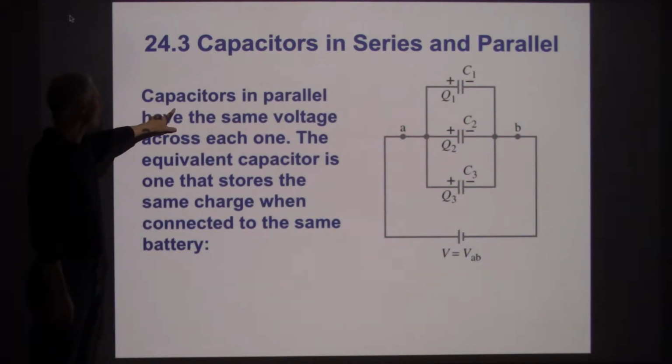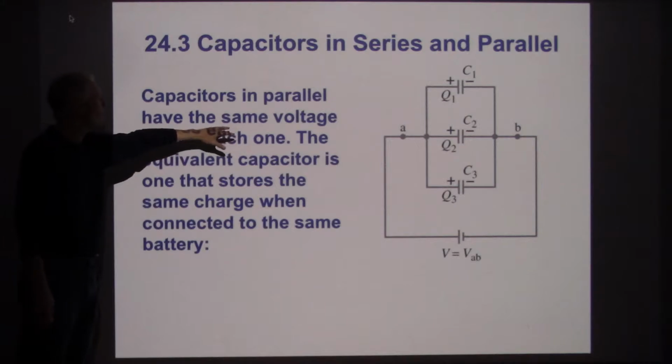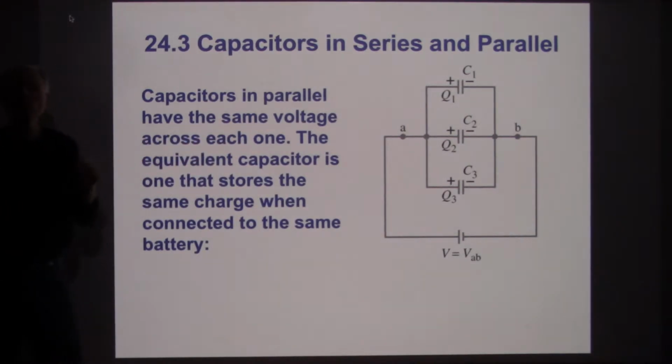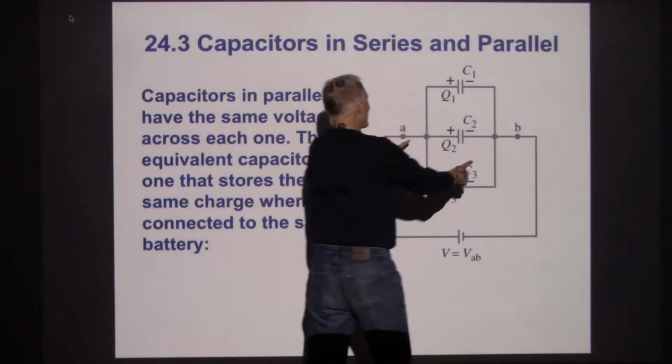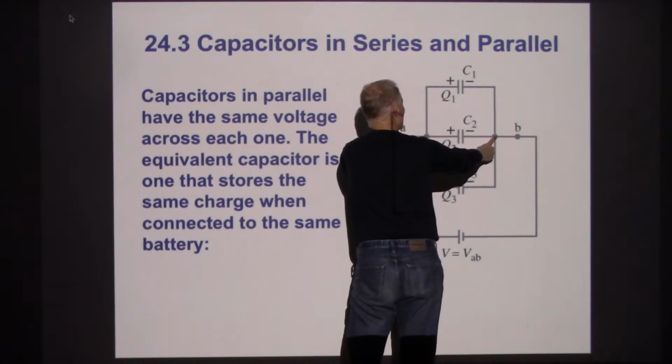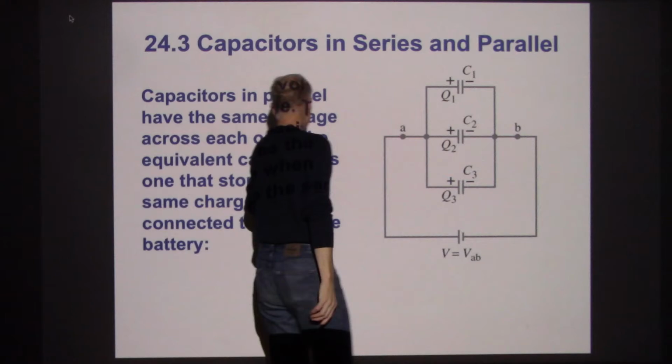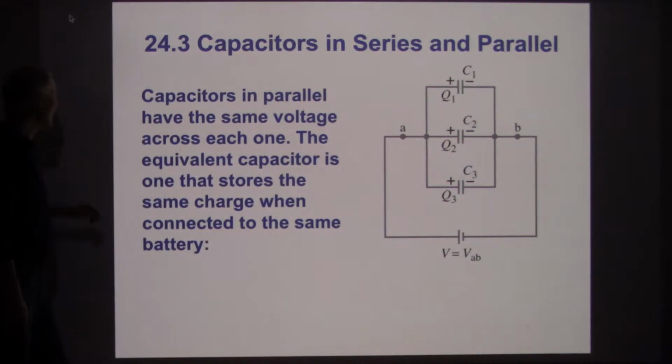These capacitors are in parallel, and we know that because we can look at the circuit and see that they're all receiving the same voltage. One last thing to point out, the junction points here take us through each of the three possible paths, and that means that they're in parallel.